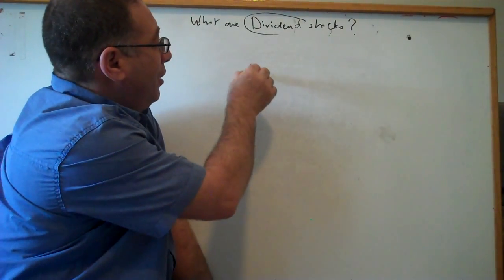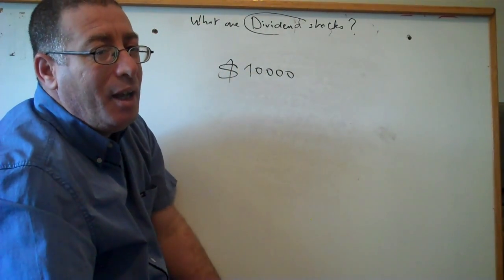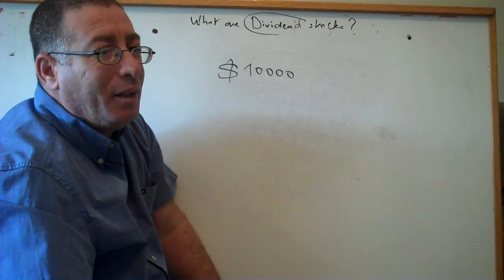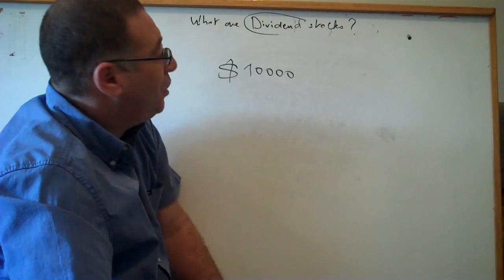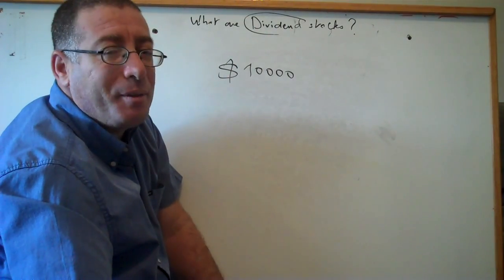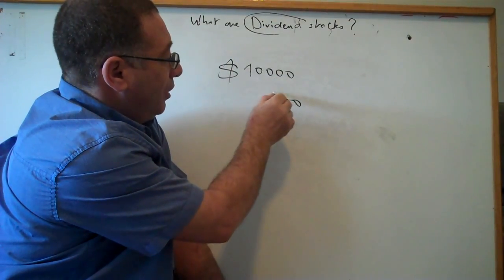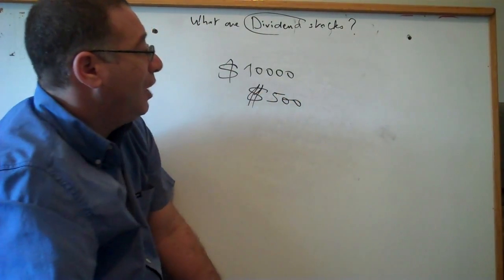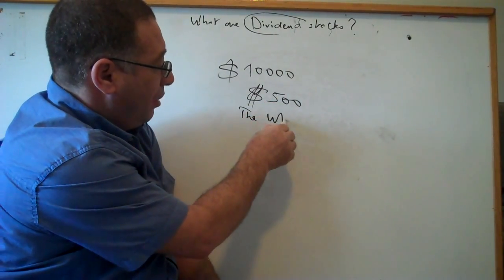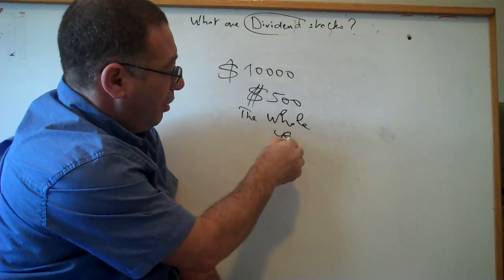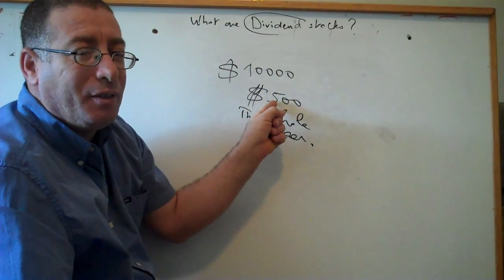Okay, suppose you have $10,000, all the money you have, and you buy a stock that gives you, for example, 5%. 5% of 10,000 is $500, but you should wait the whole year to get this dividend, which is $500.